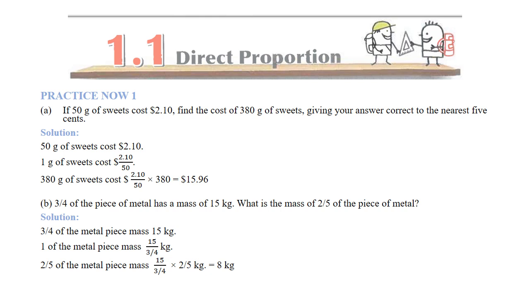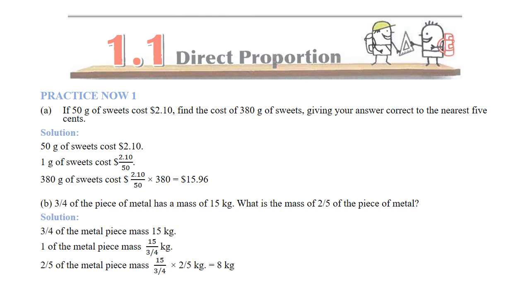So if we convert 5 cent into dollars, it will be equal to $0.05. That means we have to give our answer up to the second decimal place.